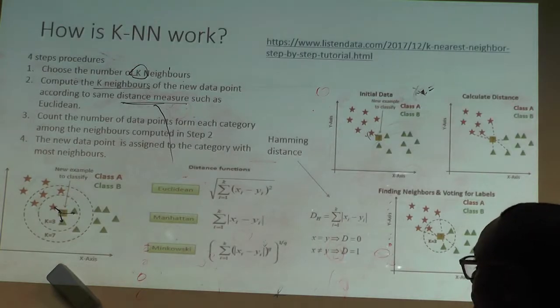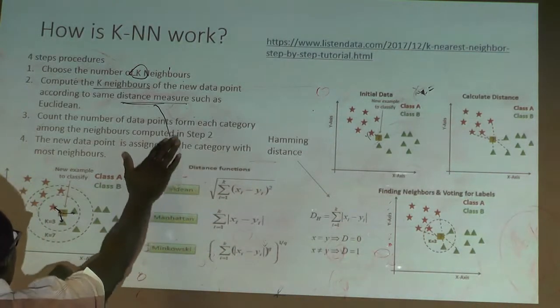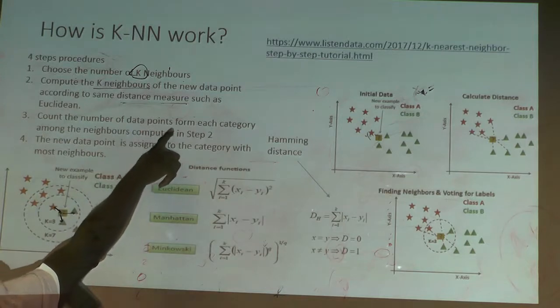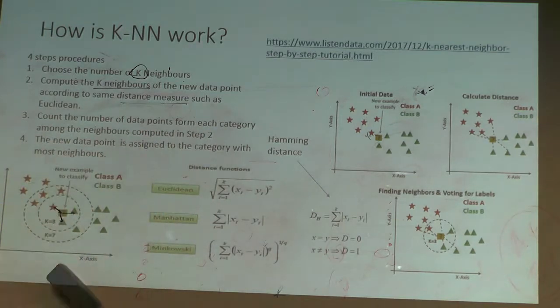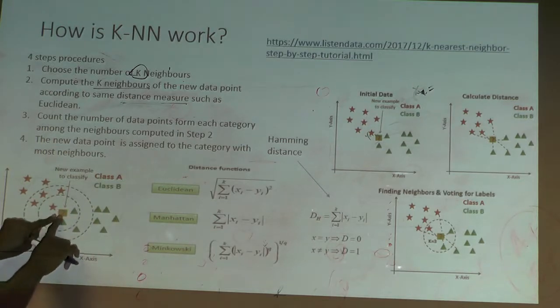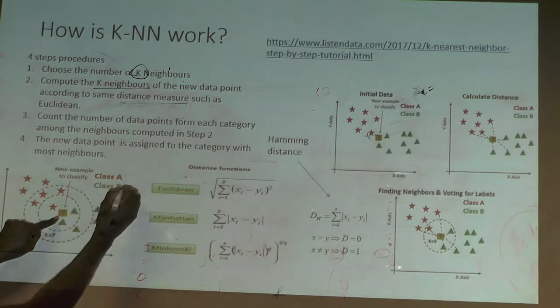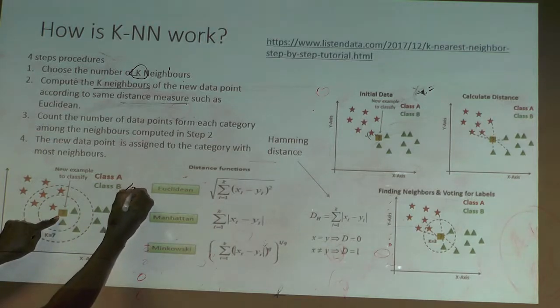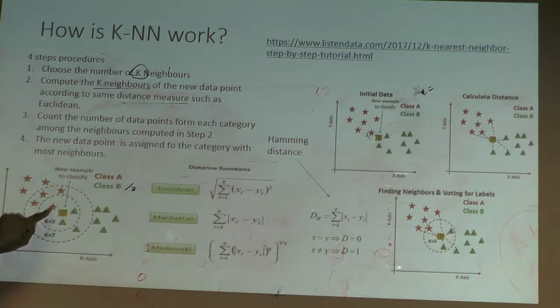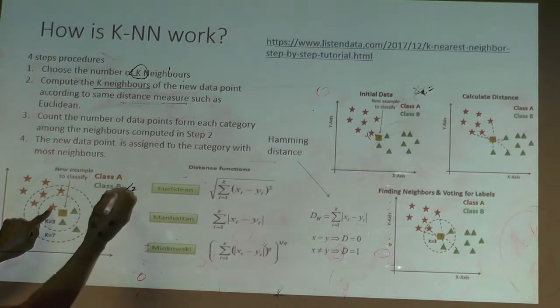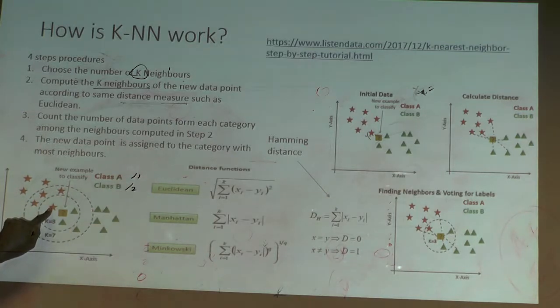The next one is to count the number of data points from each category among the neighbors. If I look at this, how many data points are from this category? 1, 2. That means I have 2 over 2. How many is this? 1 over 1. Are you with me?